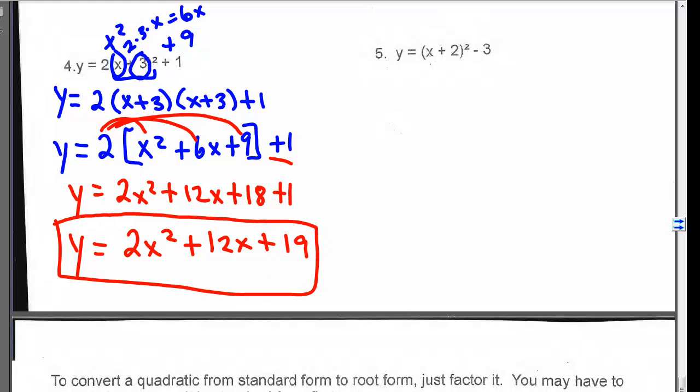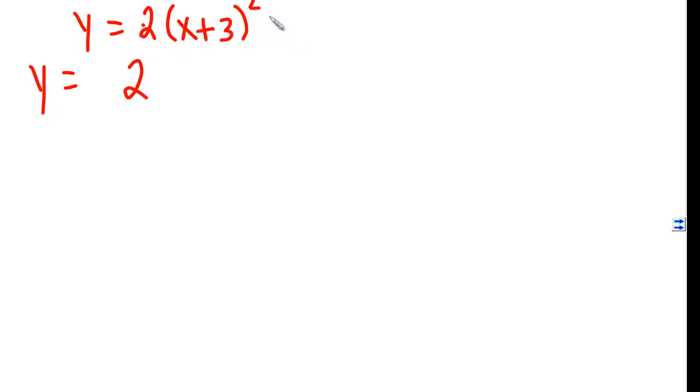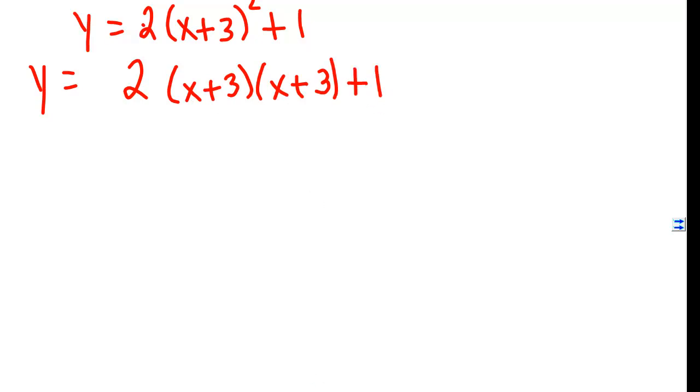We can look at this another way. We have y equals 2 times (x plus 3) squared plus 1. x plus 3 is multiplied by itself, plus 1.